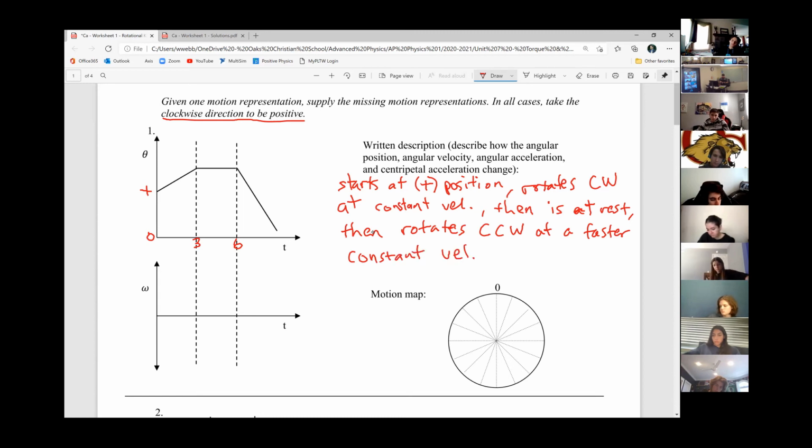So another thing I could add if I wanted is there is no acceleration. All right, the velocity is always constant. Whatever it is, it's constant. We don't know a number.